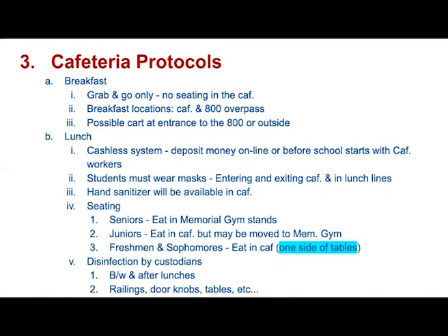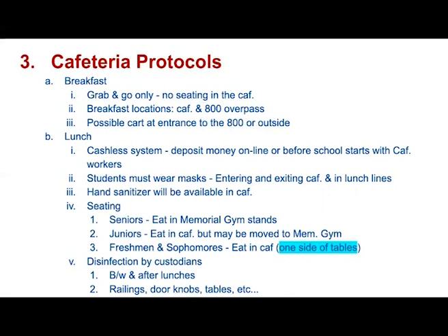Lunch is converting to a cashless system. This means that students must deposit money online with their families, or they may be able to take any monies they bring with them to school and hand it in the cafeteria prior to school starting. But cash will not be able to be used at the registers.